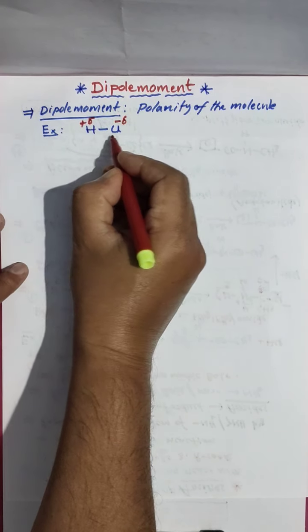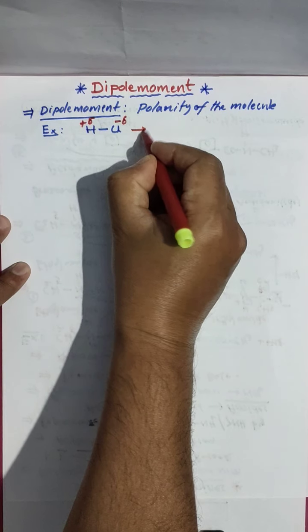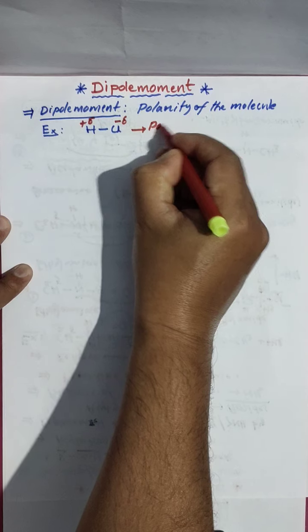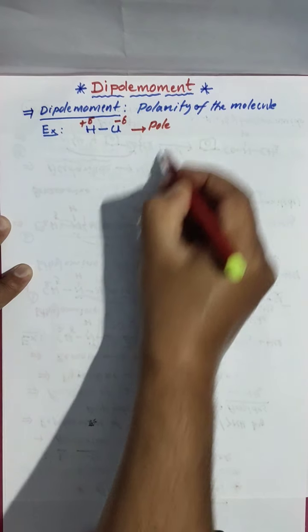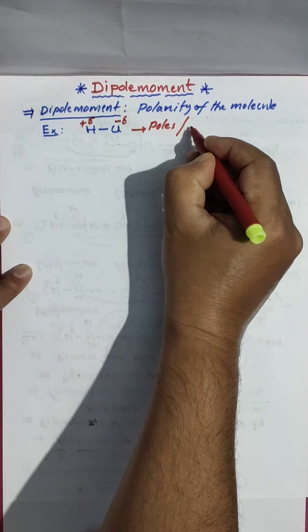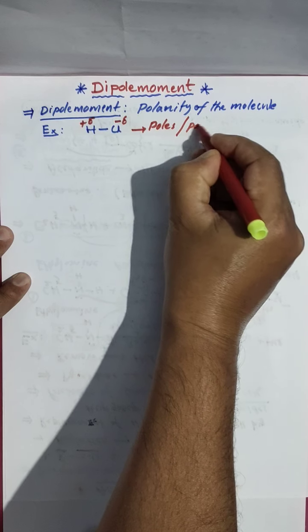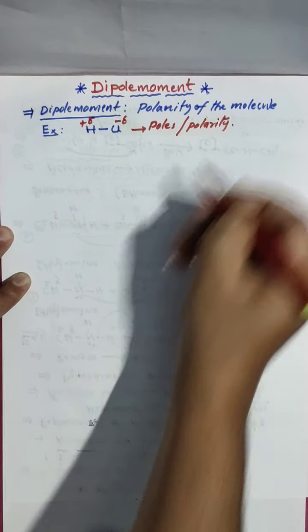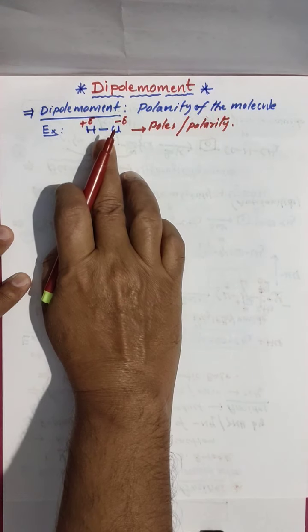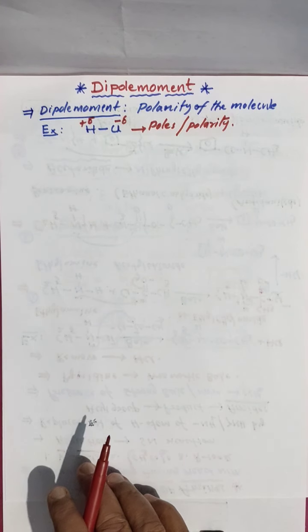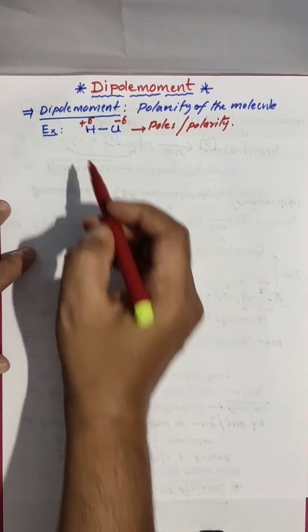Where in a molecule temporary positive and negative charges are there, those we are calling poles. If these poles are present, we call this polarity. This polarity shows the dipole moment. Polarity of the molecule is the dipole moment.